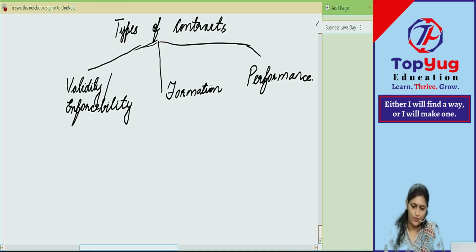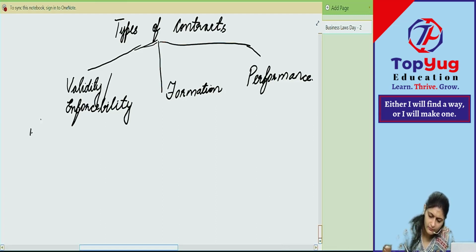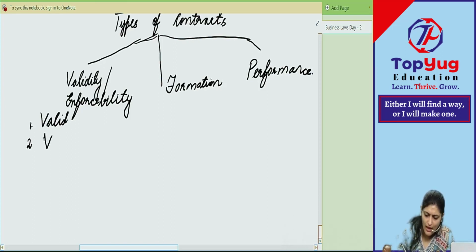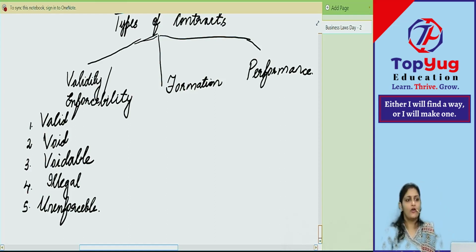There are various types which we are going to see. Based on validity, you have valid contracts, void contracts, voidable contracts, illegal contracts, and unenforceable contracts.